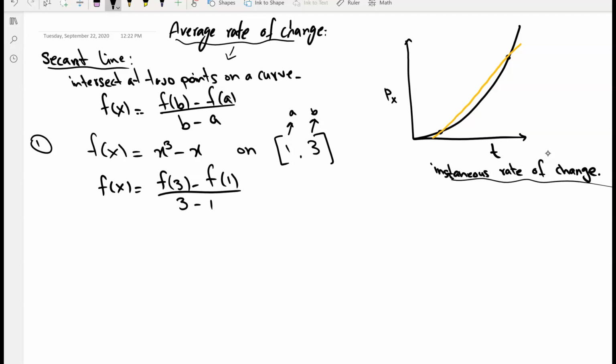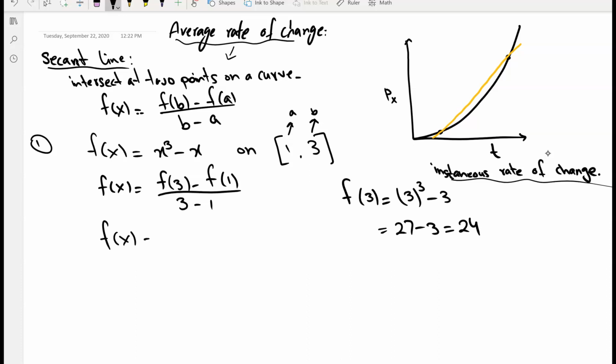To calculate f of 3, we write 3 cubed minus 3, which is 27 minus 3, that will give you 24. So f of 3 is 24.